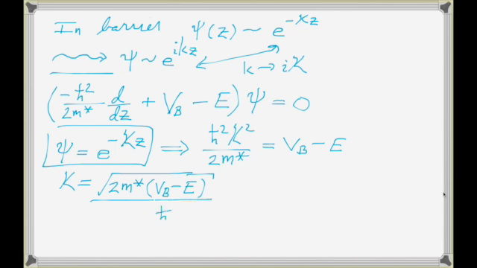That's simple how that happens. If we take the conduction band edge at E equals 0, then above the conduction band edge, we have E equals h bar squared k squared over 2m star.